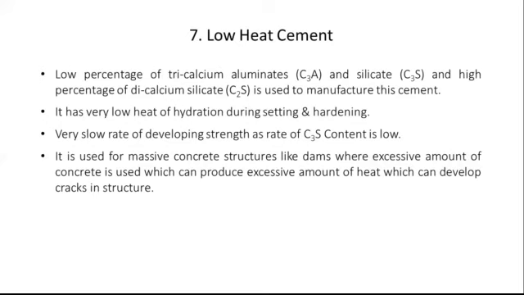Here we already discussed the low percentage of C3S and C3A and high percentage of C2S. It is used for massive construction like dams, where an excessive amount of concrete is used, which can produce excessive heat that can develop cracks in the structure. So if heat of hydration is more, cracking is more.